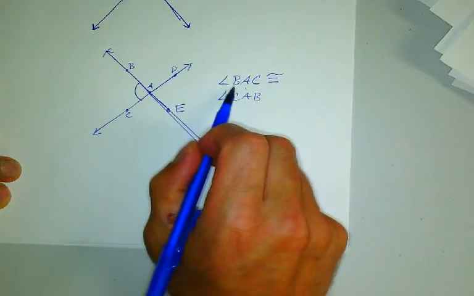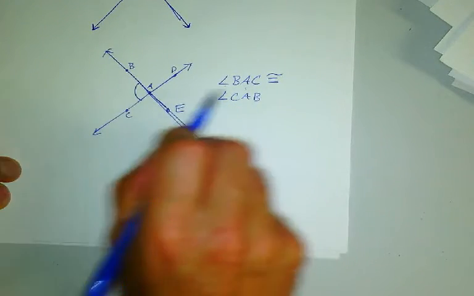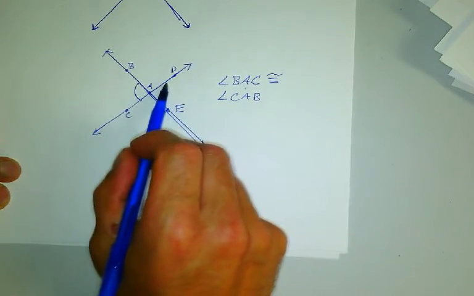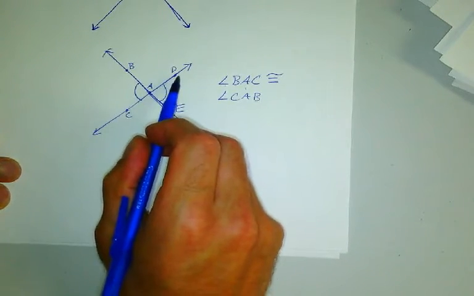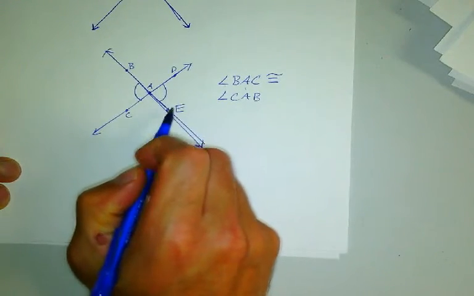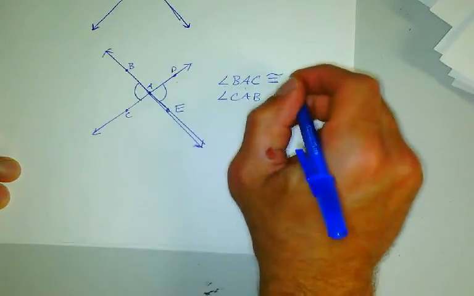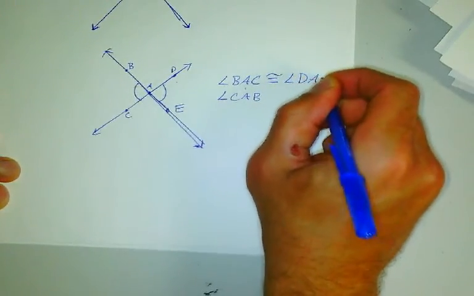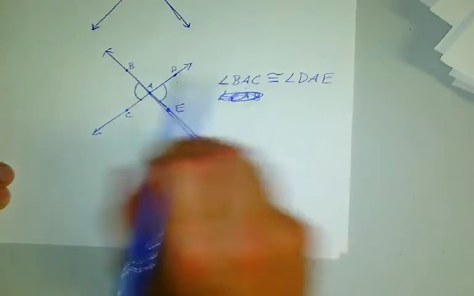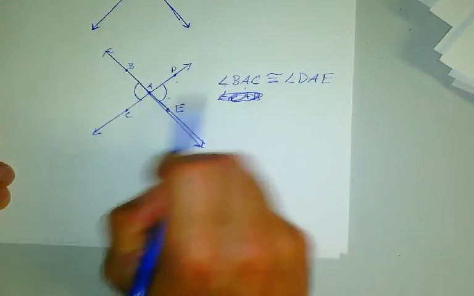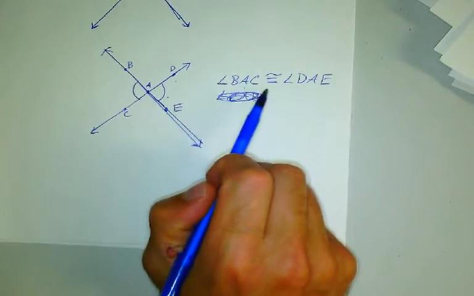So this would read angle BAC is congruent to angle, well, let's see, this angle here on the right, because they're vertical, and I could call that angle DAE or angle EAD. Doesn't matter. I'm going to call it angle DAE. So this means that these two angles, BAC and DAE, are congruent because they're vertical.